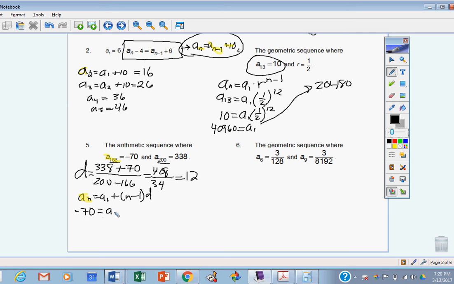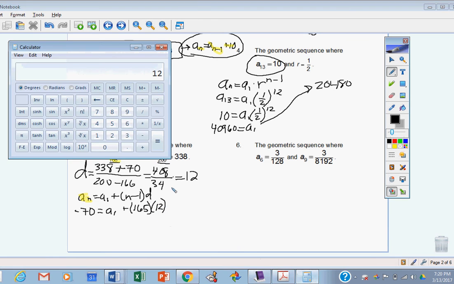Well, I don't know my first term, and I'm going to add to that, here we go, 165. The reason that is, is because I take my n minus 1. I establish the n as 166. So now I'm here. And then I multiply by my d value of 12. All right, so here we go. Take out our trusty calculator.